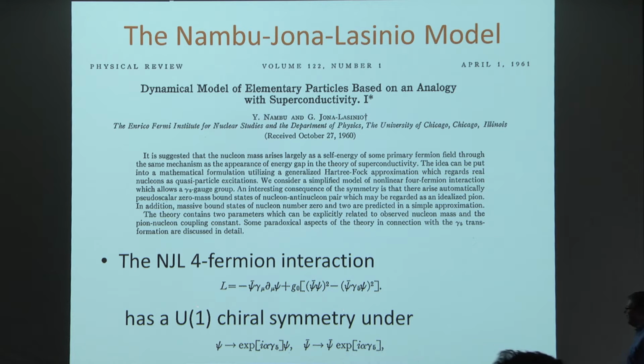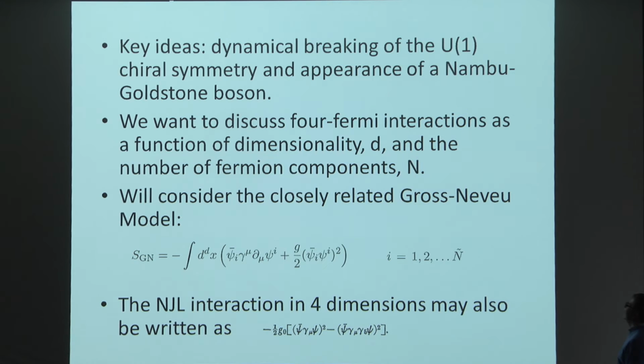So it's nicely arranged to have an extra U(1) chiral symmetry. The point was that this chiral symmetry can be spontaneously broken via condensation of a fermion antifermion bilinear operator. And this was basically the first example of dynamical symmetry breaking in a relativistic system.